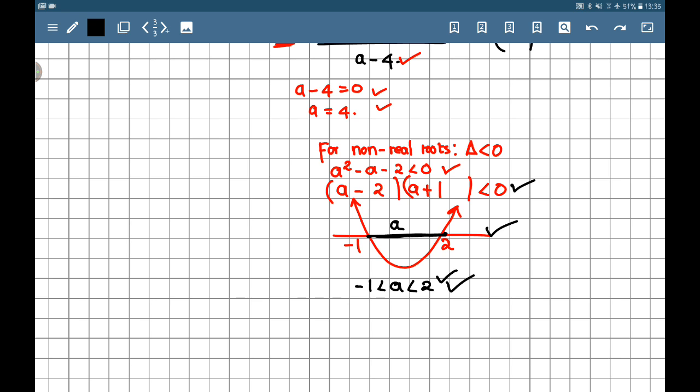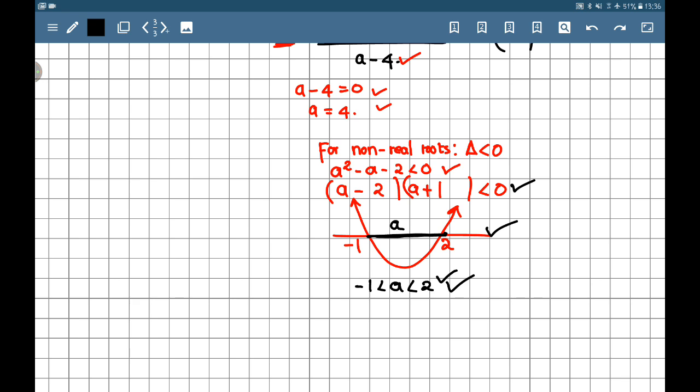Okay. So I want 2 out of 7. You need to know something. Look at this. For non-real roots, the discriminant is less than 0. For real roots, the discriminant is greater than or equal to 0. For equal roots, the discriminant is equal to 0.